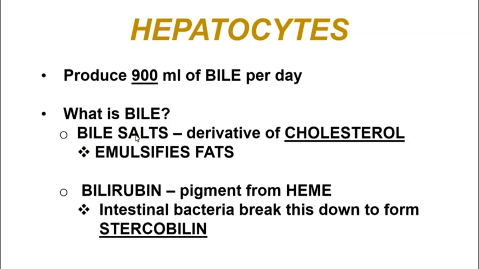So the hepatocytes produce bile, and then it's stored in the gallbladder as bile salts. They're a derivative of cholesterol, and as I mentioned, they emulsify fats and lipids. That is, they mechanically break them down like a detergent so that they have smaller surface area, and it's easier for the digestive enzymes in the stomach and the small intestine to break down those lipids, right?